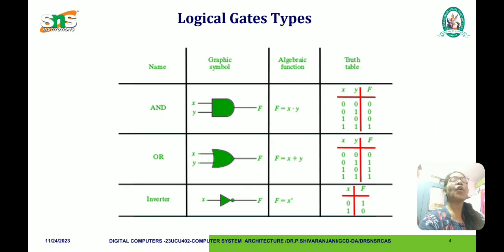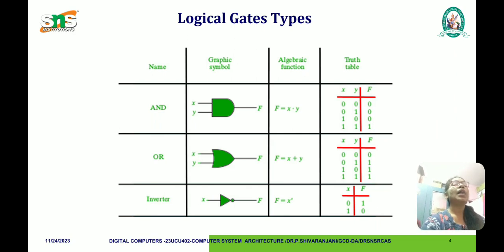In the case of the OR gate, it takes two inputs and gives a single output, and it can be represented in Boolean function as F is equal to X plus Y. The corresponding truth table for the OR gate is: if any one of the inputs is 1, then the output will be 1, otherwise it will be 0.